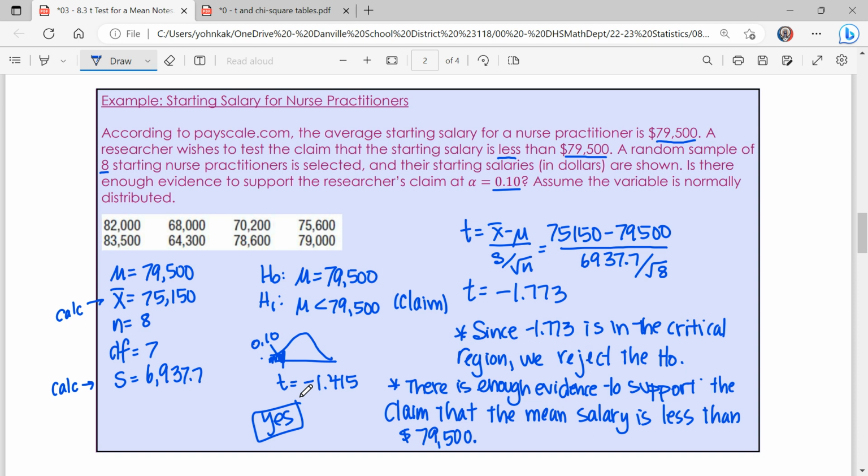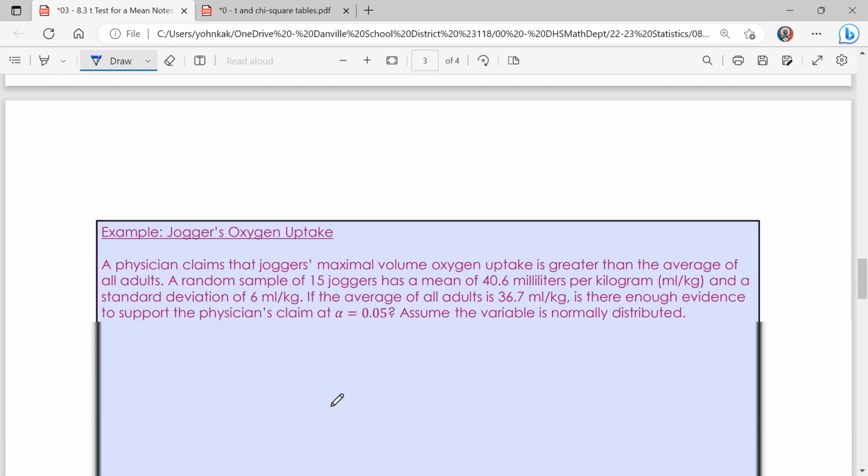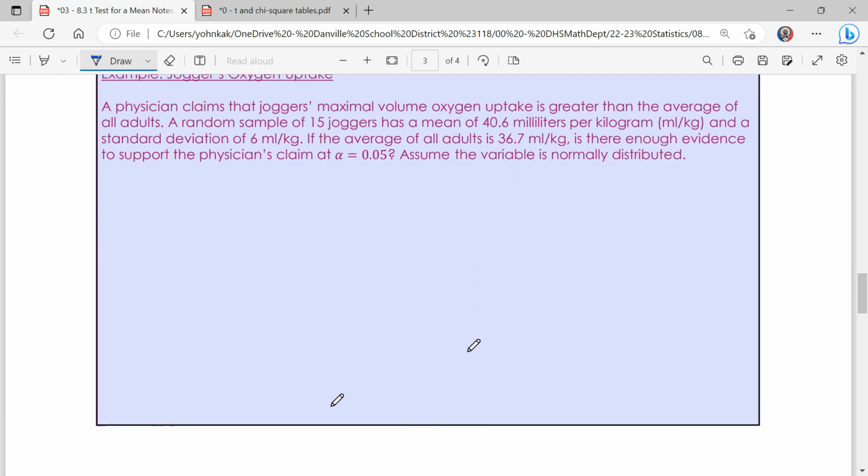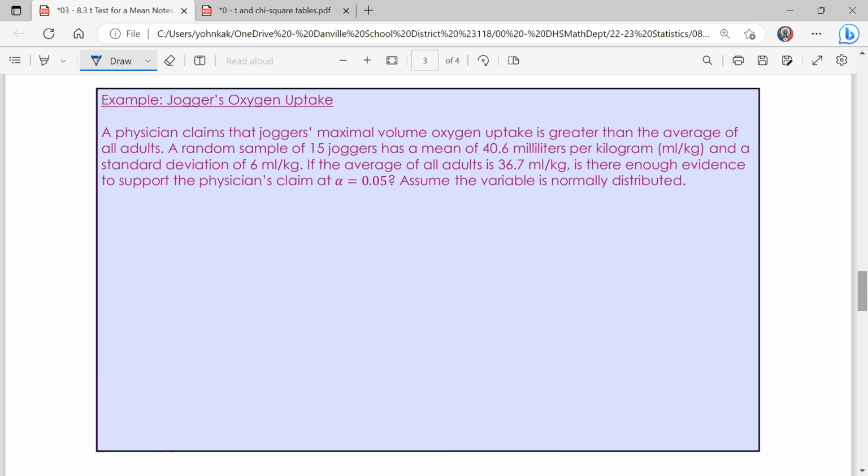All right, let's go on to the next slide. This time we're going to be talking about joggers' oxygen intake, something I should probably start doing. A physician claims that joggers' maximal volume oxygen uptake is greater than the average of all adults.